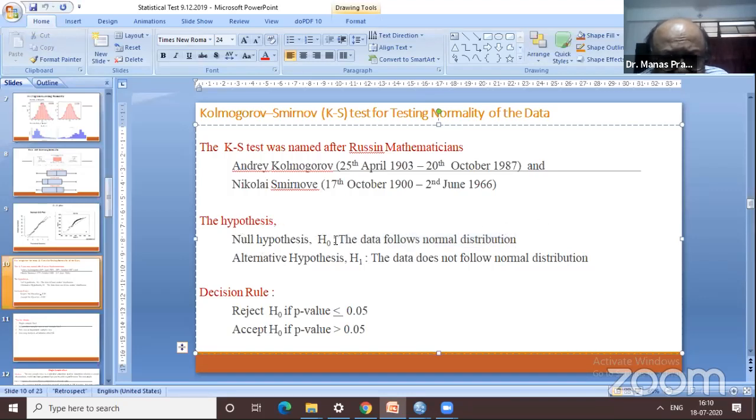So my null hypothesis is that the data follows a normal distribution, and the alternative hypothesis is that my data does not follow a normal distribution. And what is the decision rule?